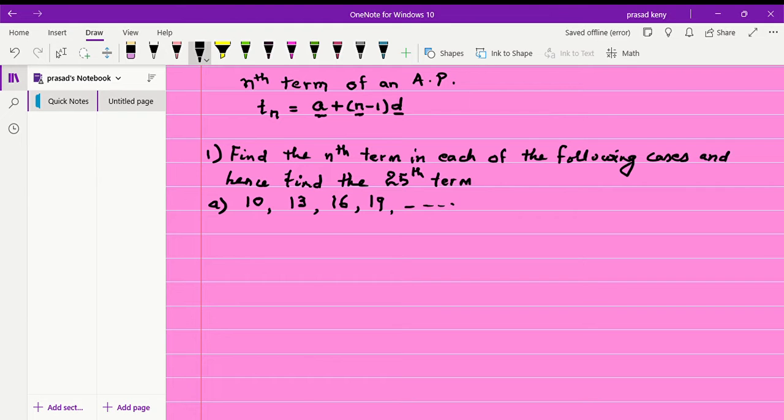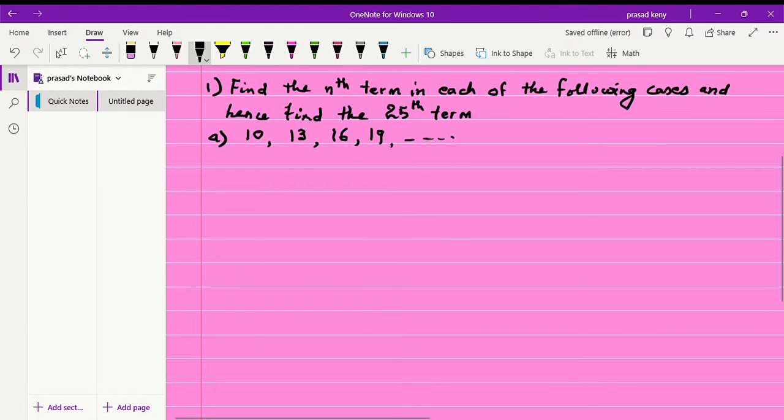Now obviously this is an arithmetic progression because you can see the difference between each consecutive terms, like difference between 13 and 10, that is 3, 16 and 13, that is 3, and so on. So here A, the first term, is 10, D, the common difference, is the second term minus first term, that is 3.